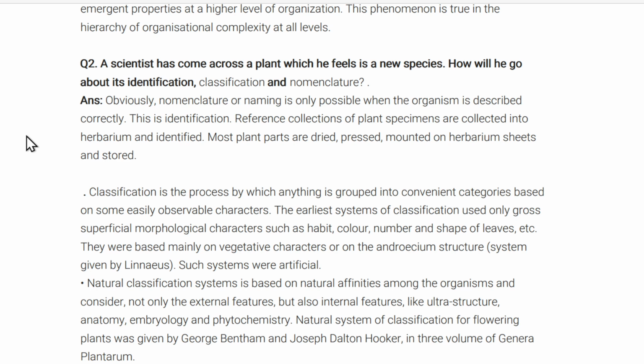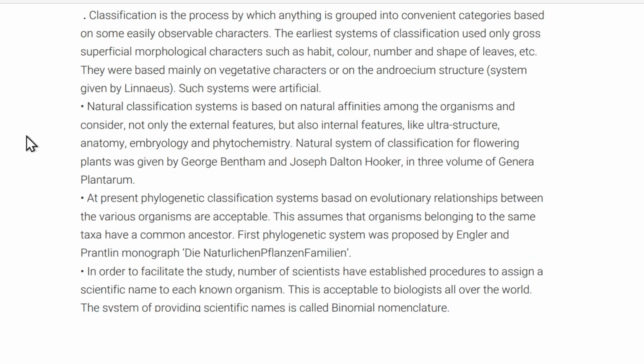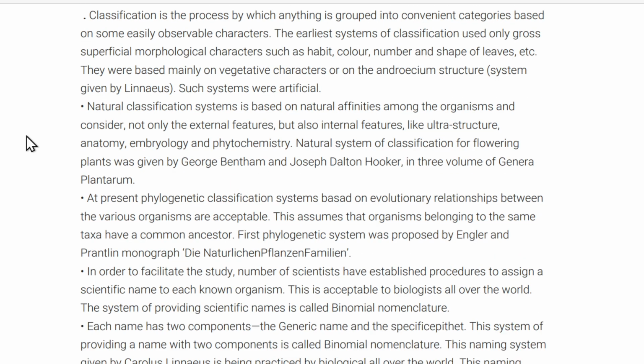Such systems were artificial. A natural classification system is based on natural affinities among the organisms and considers not only the external features but also internal features like ultrastructure, anatomy, embryology, and phytochemistry.